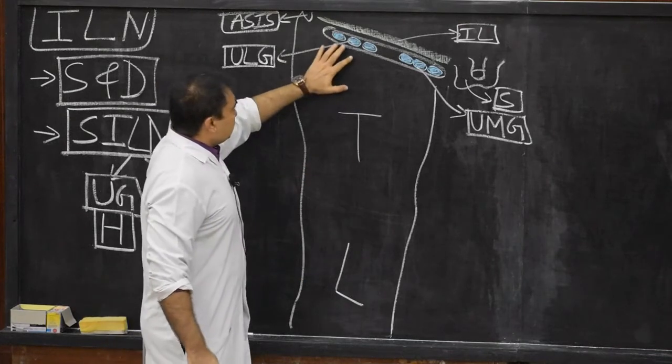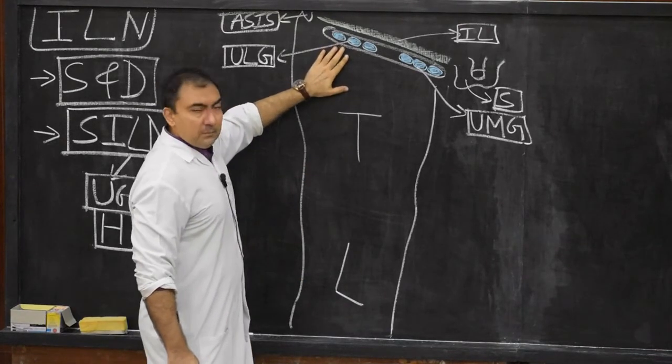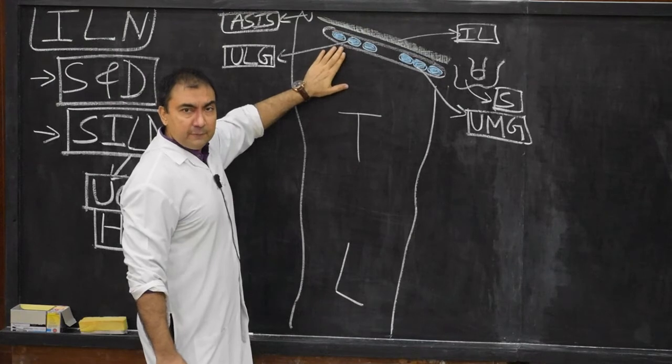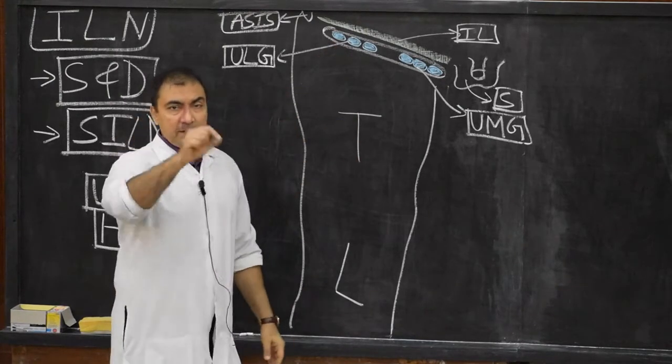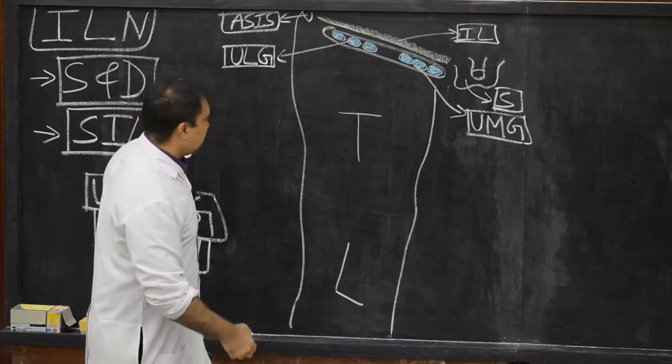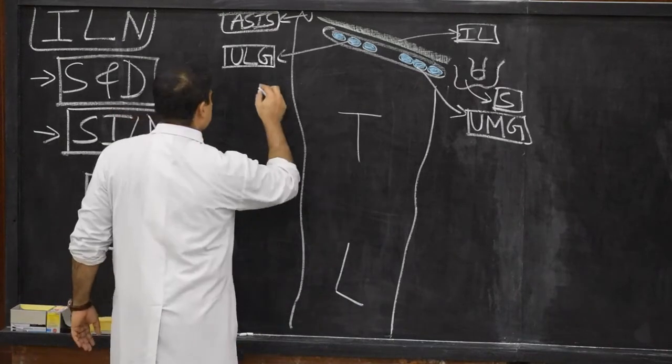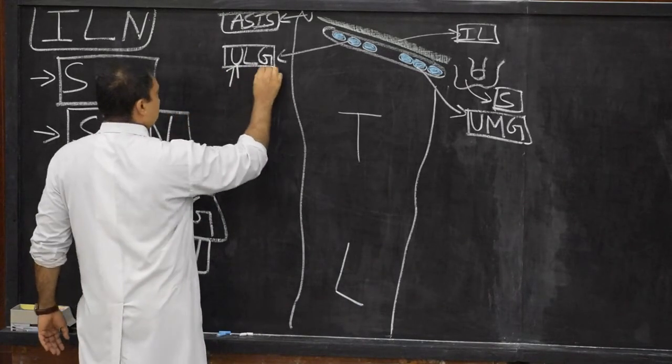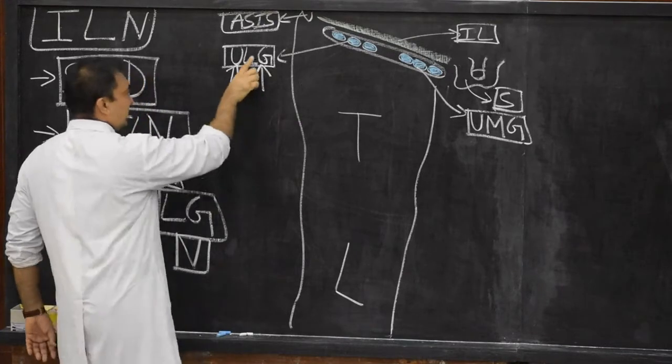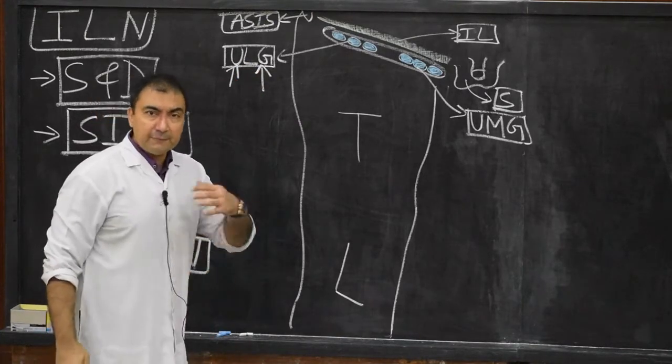The area of drainage of the upper lateral group of superficial inguinal lymph nodes will be from two places, and I will show these two with arrows in the direction of the afferent lymphatic channels.